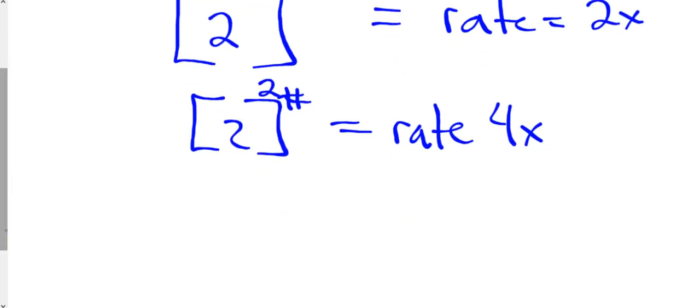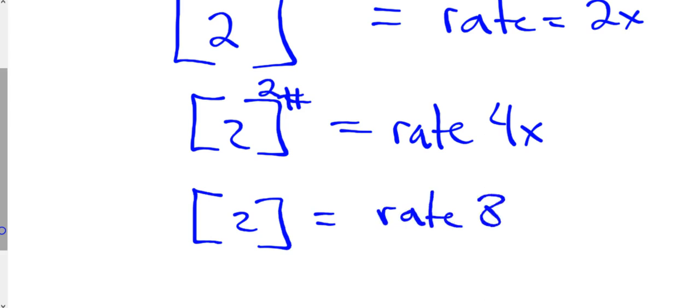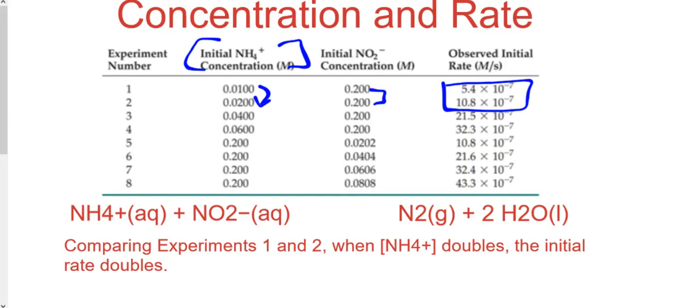Not very often, but once in a while, we put a 2 in here and our rate becomes 8x. What exponent makes a 2 an 8? 3. All right? So what we're going to do, we're going to use data tables like this to see what happens to the rate when I make a change so we can find that exponent. That exponent will be called the order of the reaction.